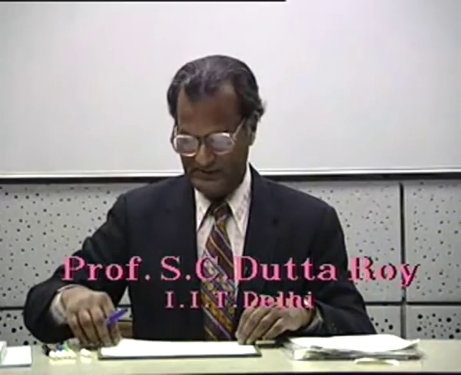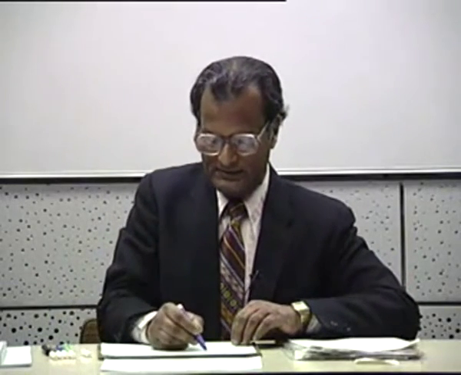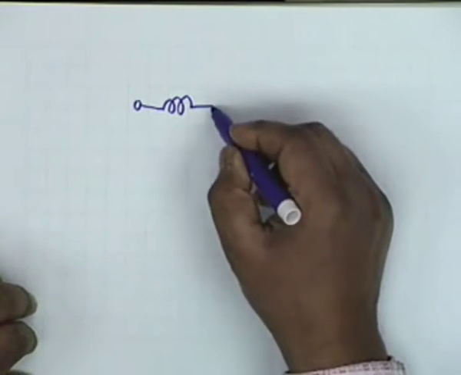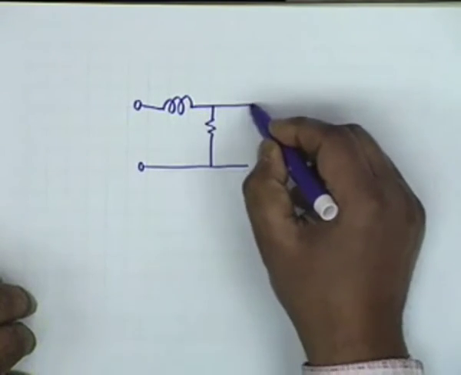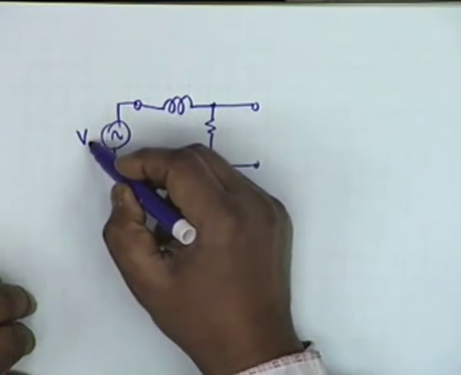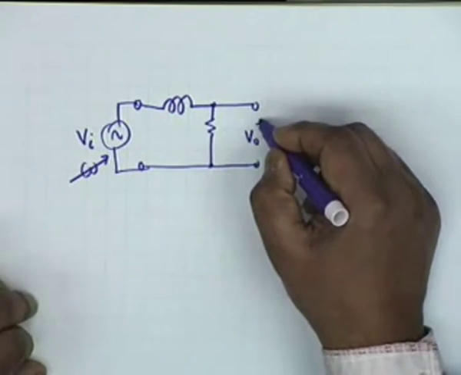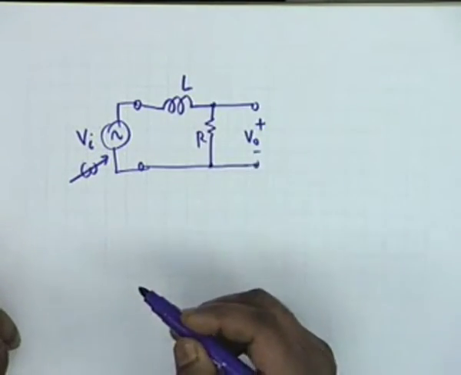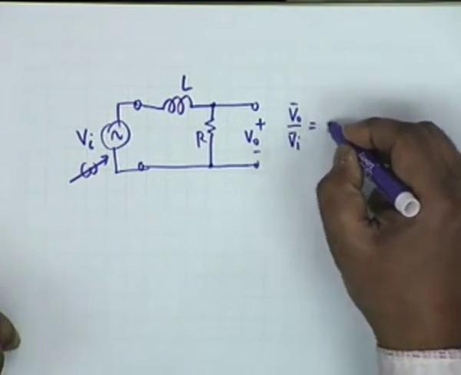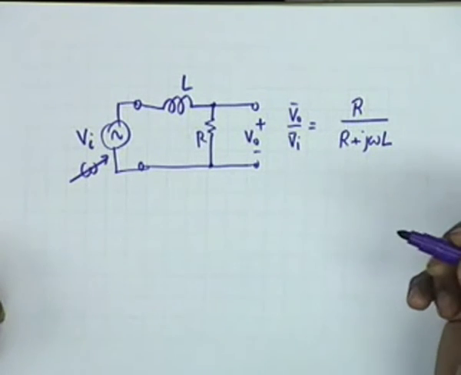I had introduced the concept of filter circuits in the previous lecture, and we saw that this circuit with an inductance in series and a resistance in shunt, if you excite with an AC Vi whose frequency is variable, and you take the output across the resistance, then you can work out that V0 by Vi, the phasors, is simply equal to R divided by R plus j omega L. This is the potential division.